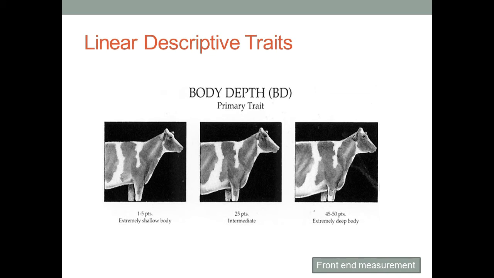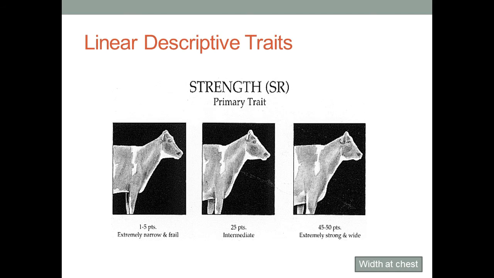Next, let's talk about body depth. This is a trait that measures the circumference of the barrel, and it's fairly intuitive. Higher scores represent extreme depth. Lower scores represent a more shallow frame. This is a measurement made at the front end, and it's, again, pretty straightforward. Next, let's talk about strength.